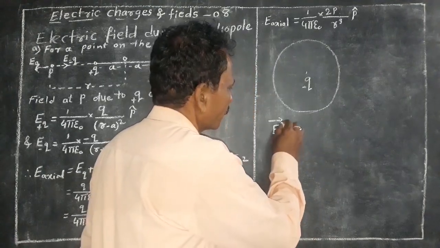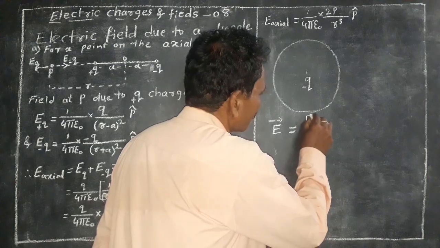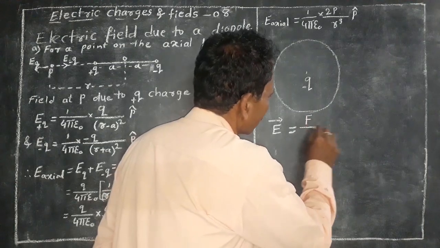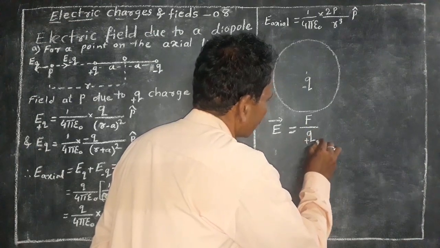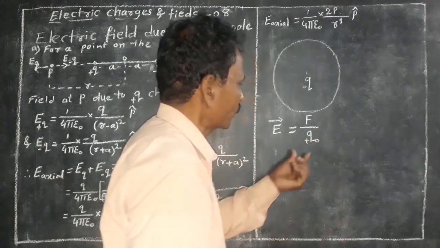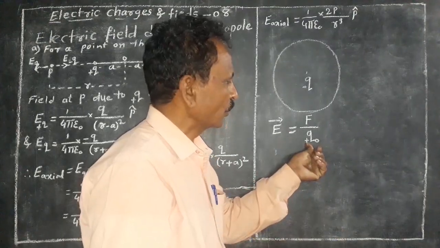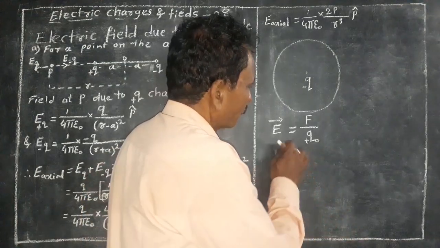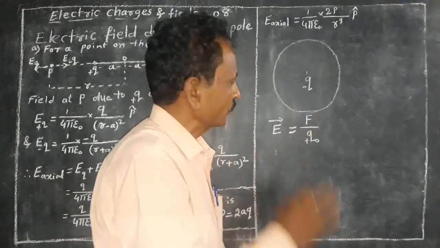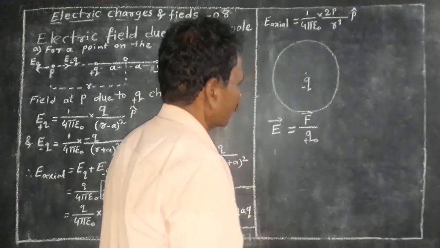Electric intensity is defined as the force experienced by a unit positive test charge at that point. This unit positive test charge is a very small charge that does not affect the field in which it is placed, and F is also a vector quantity.